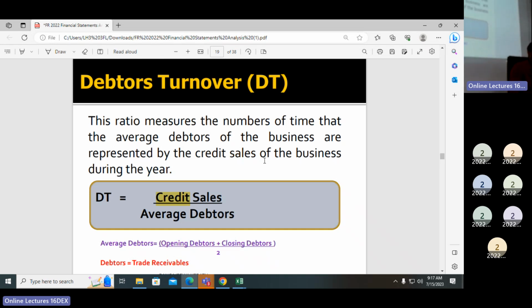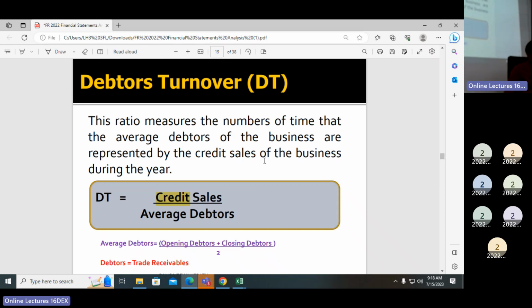But that information is not made available to external users. So we have only the total sales. Then we make a simple assumption: all sales are made on credit. The accuracy of this ratio will depend on the accuracy of that assumption. When you use the annual report to calculate this, there is no other way to find the credit sales.